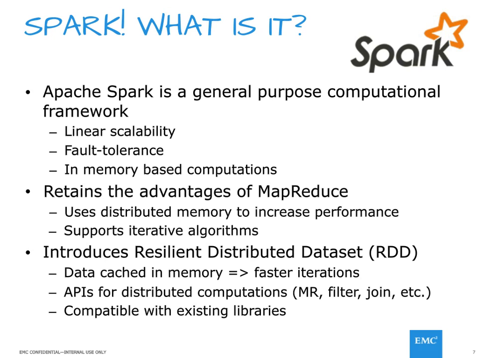Spark is a general purpose computation framework. It's a generalized version of MapReduce, and it has some really nice attributes in terms of being able to scale. It also affords fault tolerance, and allows a lot of computations to be done in memory.